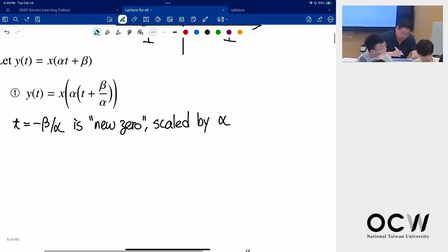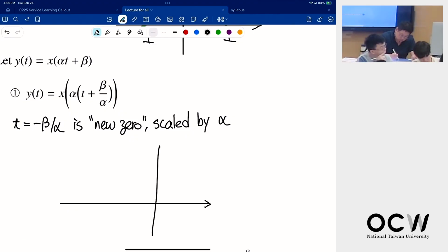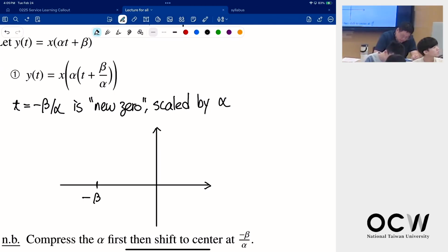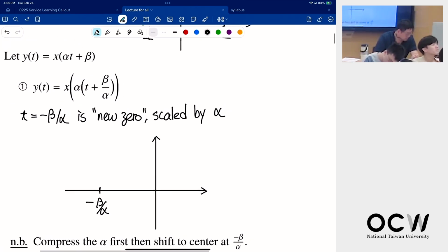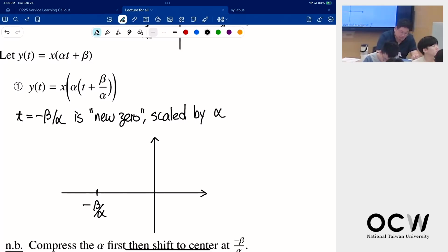So in this case, let's find the new 0 first. The new 0 is minus beta over alpha. And then scaled by alpha.